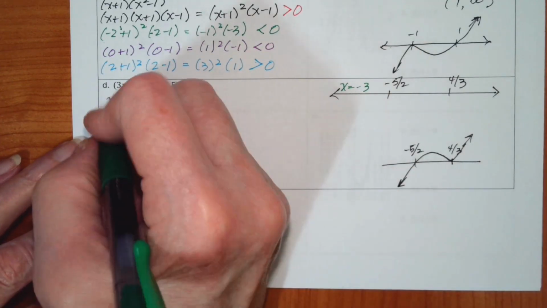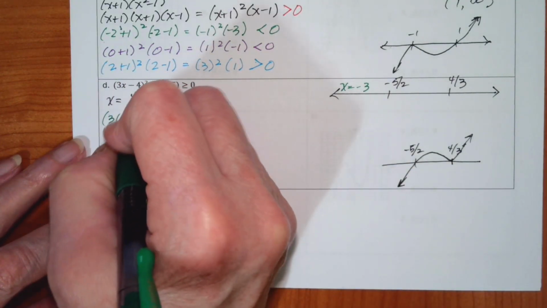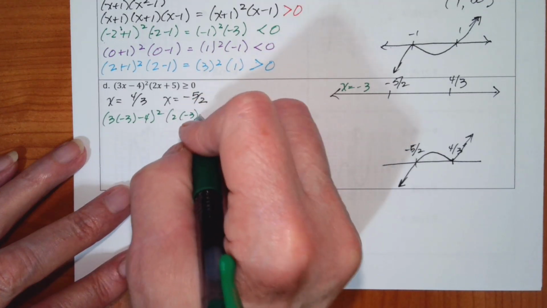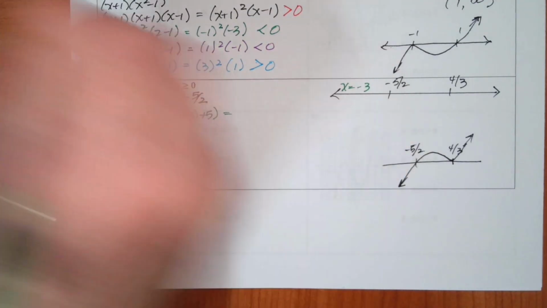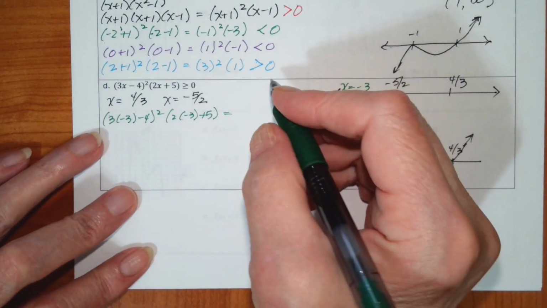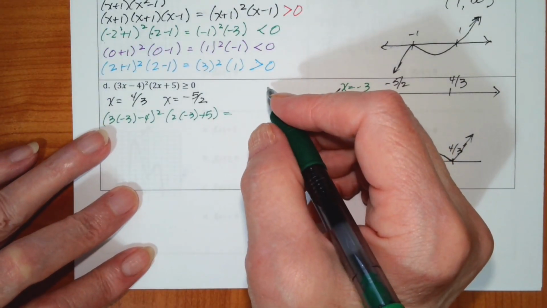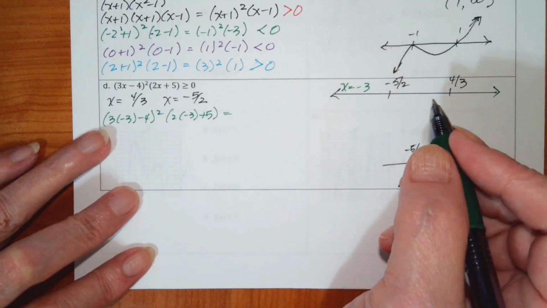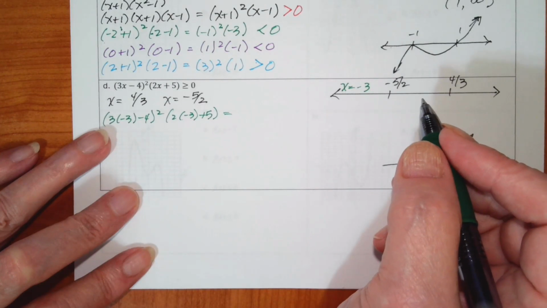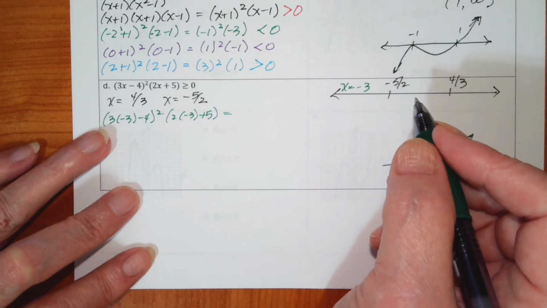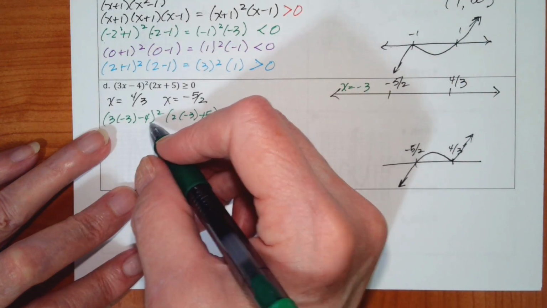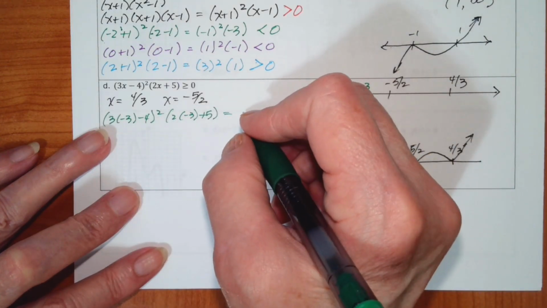So if I have 3 times -3 minus 4 squared, 2 times -3 plus 5, that gives me 3 times -3 is -9, minus 4 is -13, and that squared is always going to be positive.